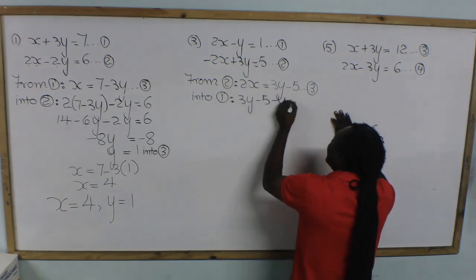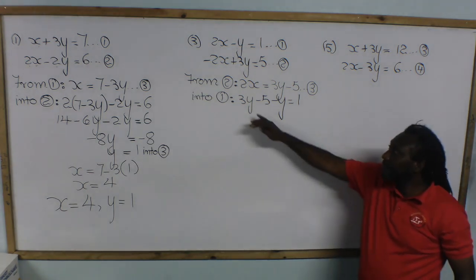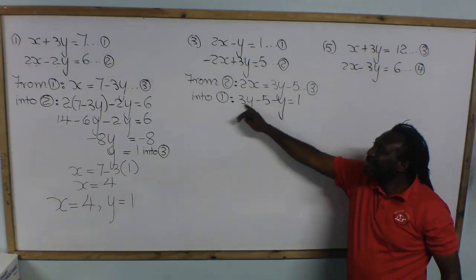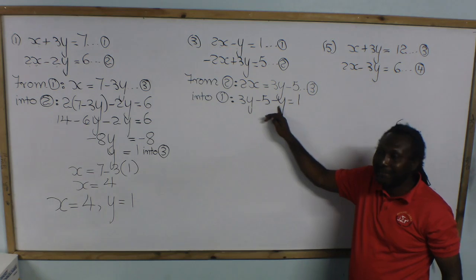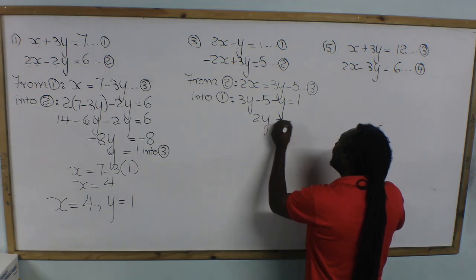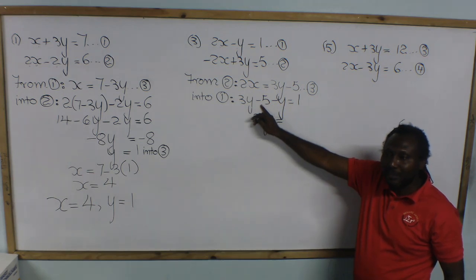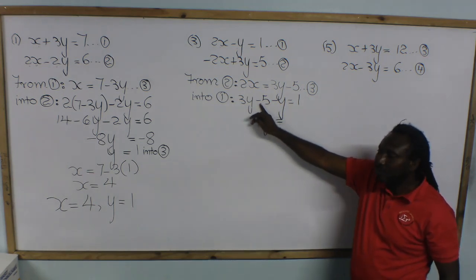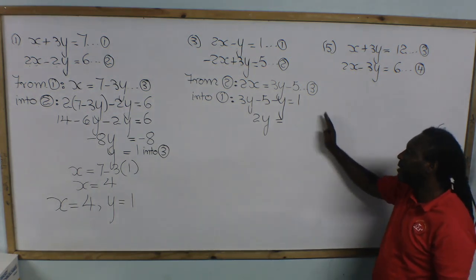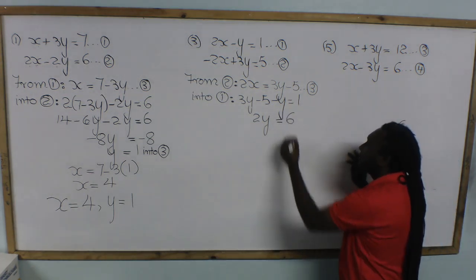Then we have the negative y, and that is equal to 1. So we will have 3y minus y, and that will give us 2y. 2y is equal to, we are going to eliminate this negative 5 from this side. Eliminating the negative 5, we will have addition on the right hand side. So we have 1 plus 5, and that is equal to 6.